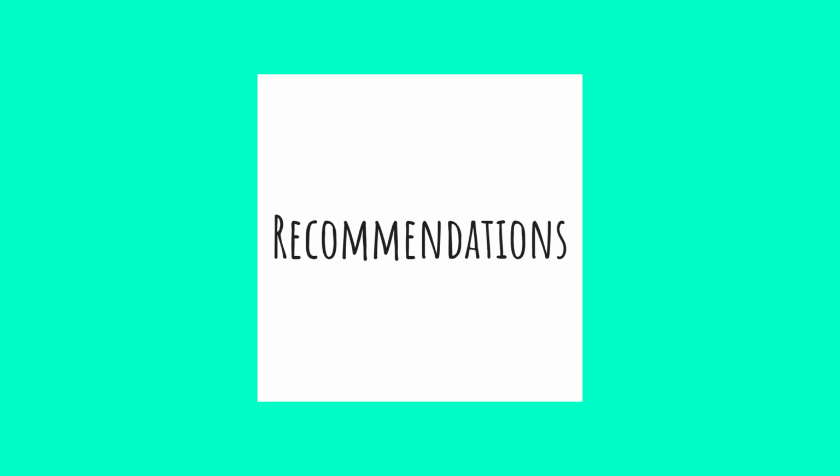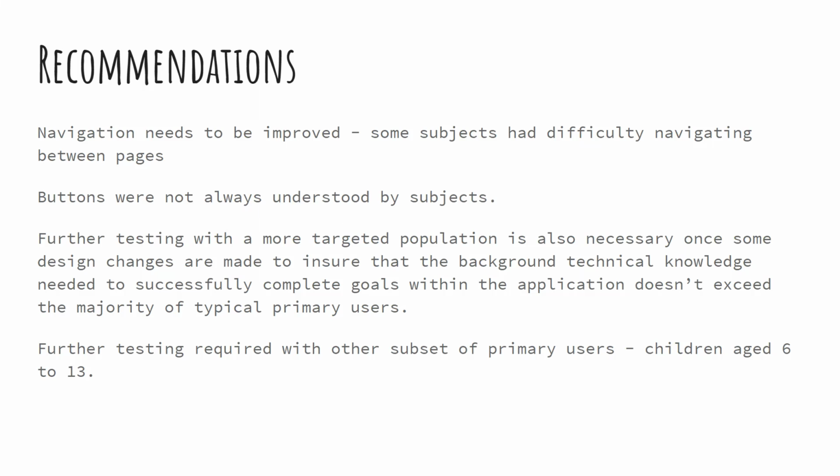So the recommendations I got from the usability testing were basically that navigation needed to be improved. One of my subjects was substantially older than the rest, the parent, and they self-described as using mobile applications only occasionally, where the other 2 described themselves as using them frequently.